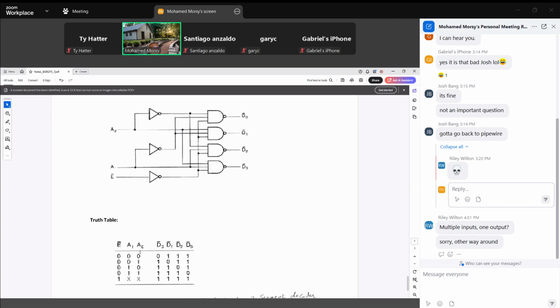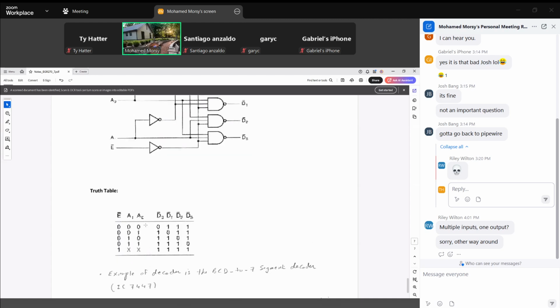If A0 is 0 and A1 is 0, we talk about D0. So D0 inverted is 0, because the outputs here are inverted. This is easier for the design in this case. So the only output that is 0 is D0 inverted, and the rest are 1s. For A0 is 1 and A1 is 0, this represents D1 inverted here.